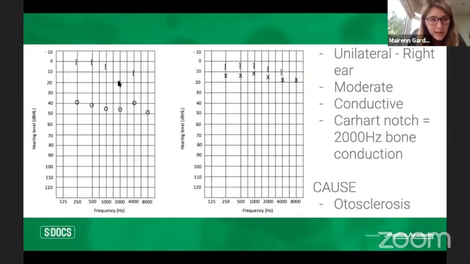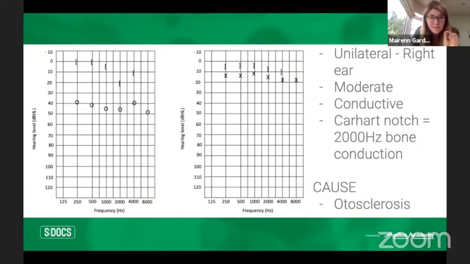And something here that is quite subtle but useful to notice is that there's a peak decrease in bone conduction at 2000 Hertz. So this is something called the Carhart notch, and is quite indicative of otosclerosis.